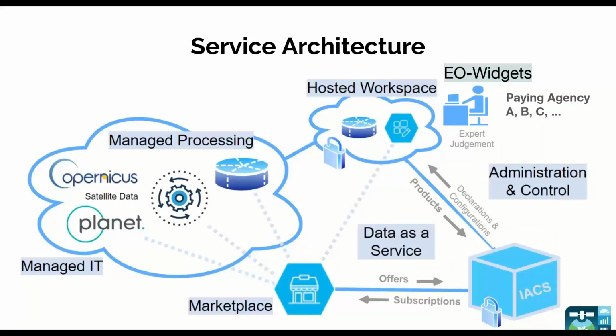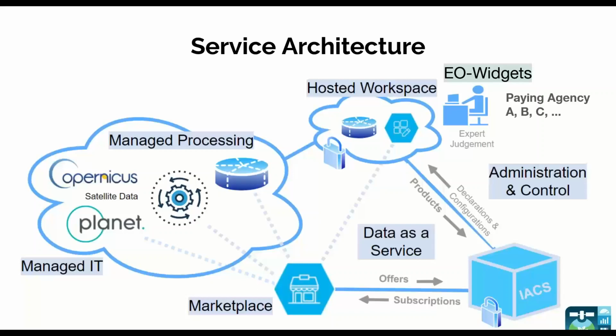Okay, thanks. This is now a very short overview of the system architecture concept, which we have already implemented and also successfully demonstrated over our beta test sites. From our viewpoint, the integrated administration and control system, the IX system on the bottom right, is an external end user system.